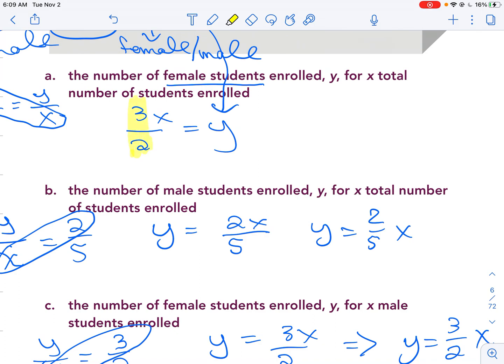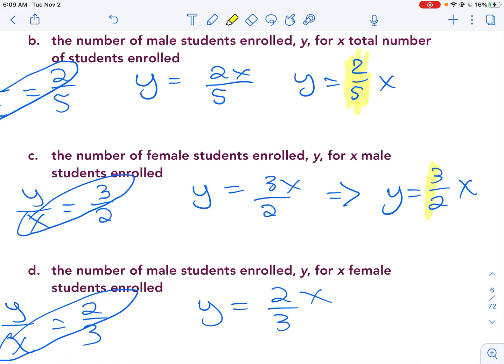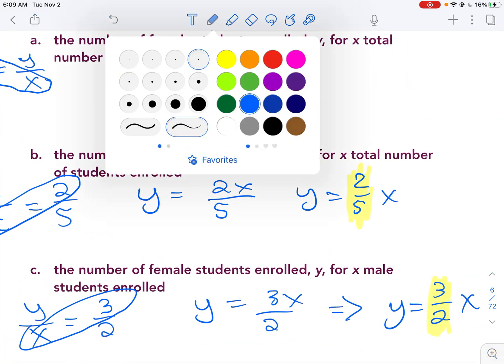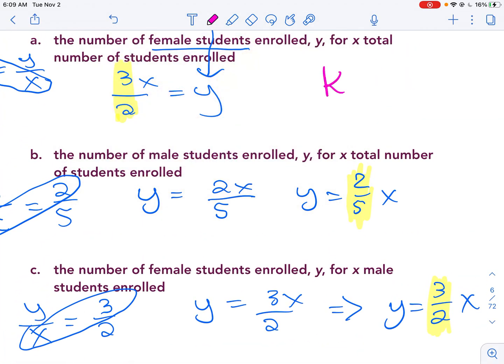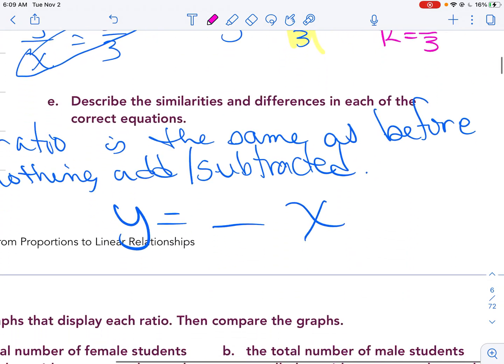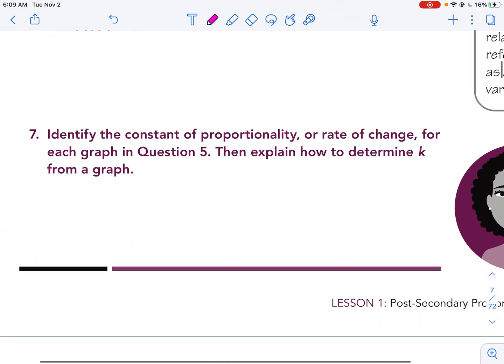This is my constant of proportionality. So when we write this, we would say k equals 3 over 2. K equals 2 over 5. K stands for the constant of proportionality. Those are the constants of proportionality for these.